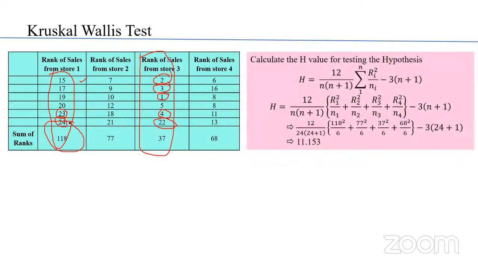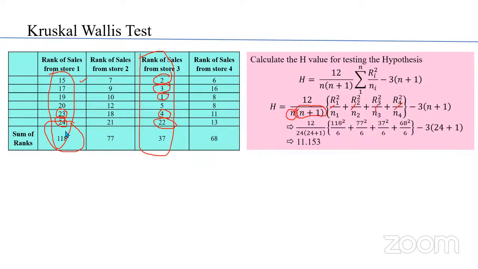Okay, so now we'll be calculating the H value. The H value is 12 divided by n into n plus 1, sigma Ri square divided by Ni, minus 3 into n plus 1. We know that n is 24, and n plus 1 is 24 plus 1, multiplied by R1 square divided by N1, R2 square divided by N2, R3 square divided by N3, R4 square divided by N4.